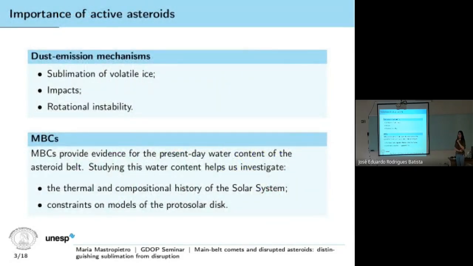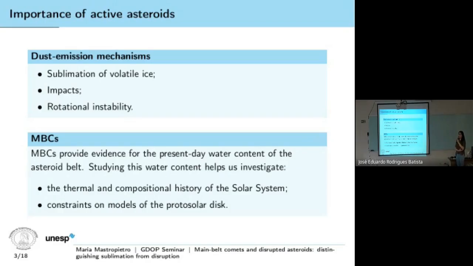So, as I said, the dust emission for these objects can be due to sublimation of volatiles. Main belt comets have subsurface ice covered by a dusty layer, and so when they reach perihelion, sublimation happens, and we have dust emission, gas emission if the ice is exposed. And this exposure of ice can happen with impacts.